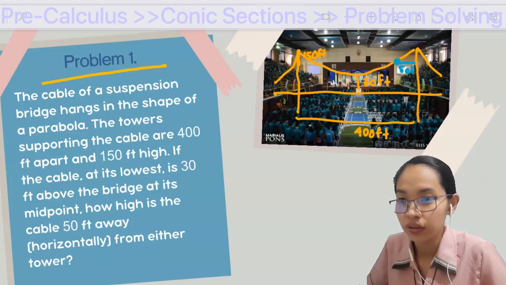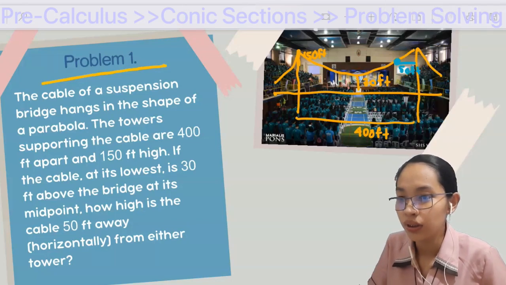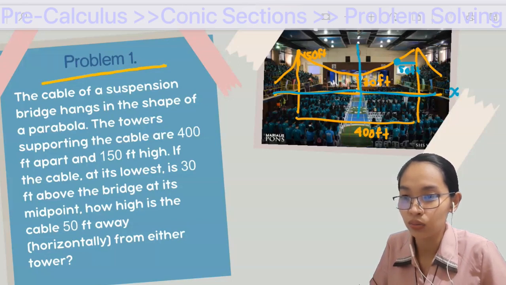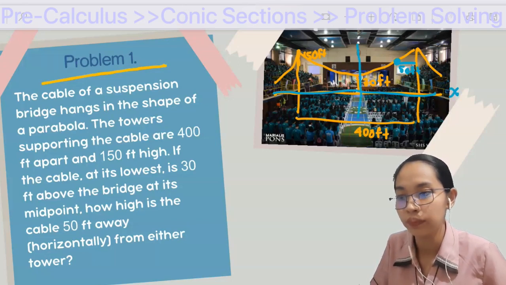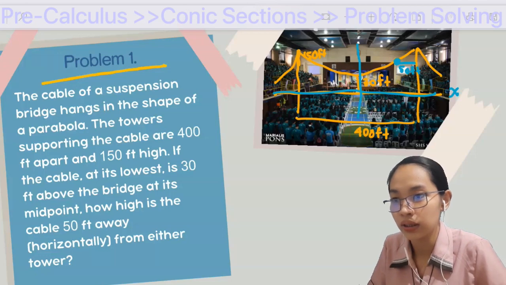This is 50 feet. For our problem, we represent our bridge as our x-axis, and the vertical axis passing through the lowest point of the cable wire. So that is your x and this is y.